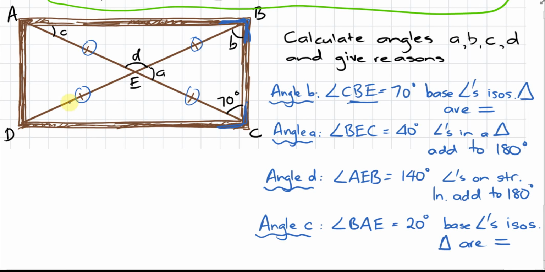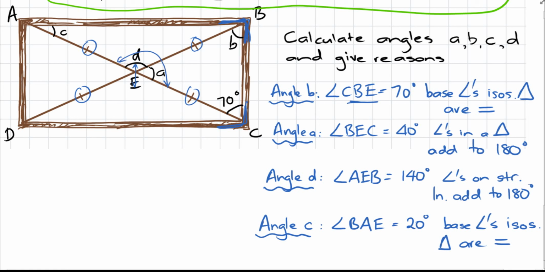And because these are wooden panels, diagonal wooden panels, we also have the fact that these 2 angles here are vertically opposite, they are equal. And with these wooden panels going across here, they are straight lines. So we've also got angles on a straight line.